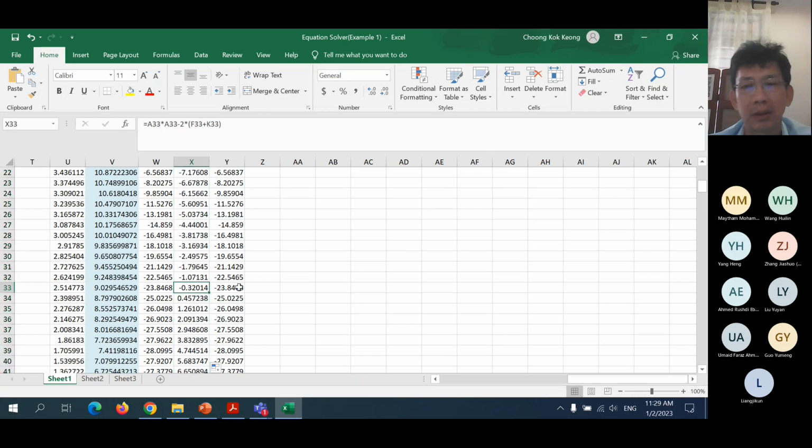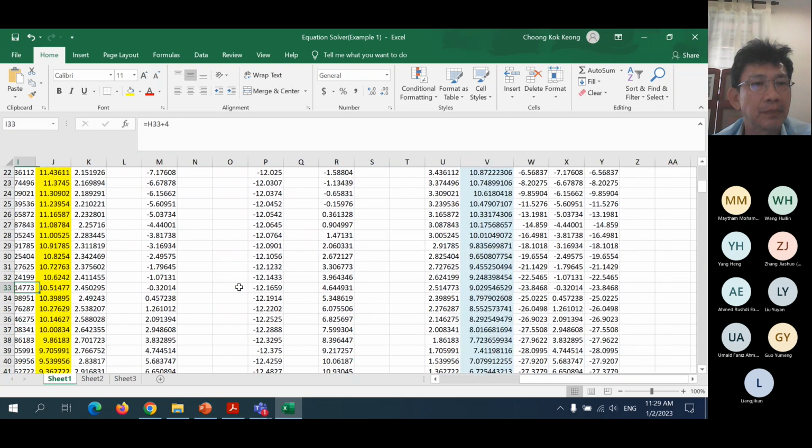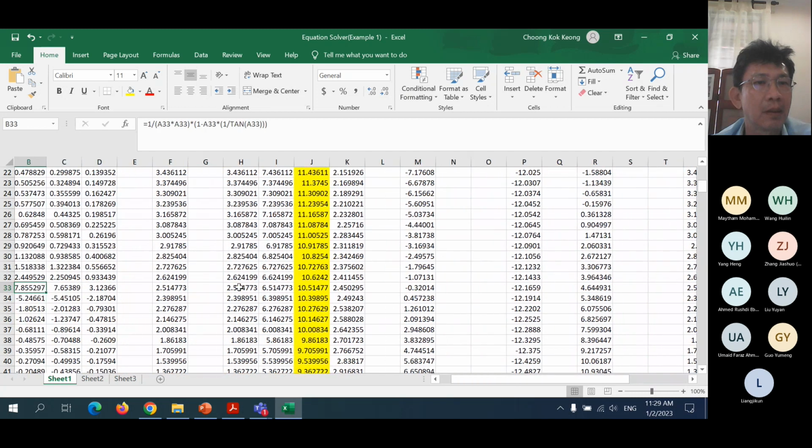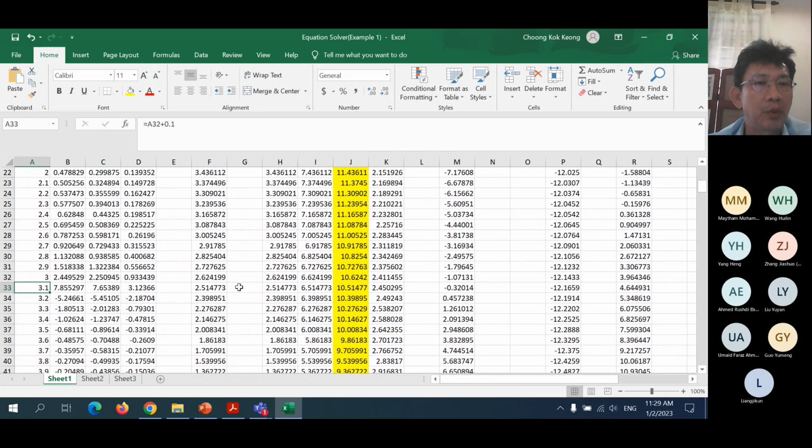So this is where the answer is: in the range between this value of KL and this value of KL, we can find the answer. So let's see what this value here is, okay? Because it changes from negative to positive, this one will be between 3.1 and 3.2. KL is between 3.1 and 3.2.